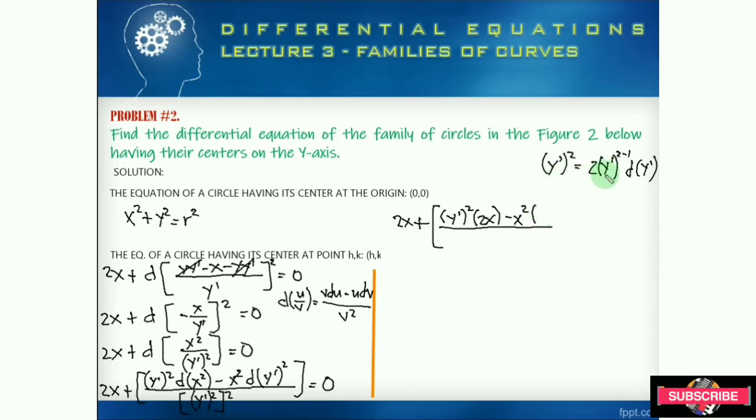Simplifying this one, this would be equal now to 2 y prime, and the derivative of your first derivative is your y double prime. So we have here 2 y prime times y double prime. And then the denominator is the square raised to the square, so this would be y prime raised now to the fourth, and this is equal now to 0.